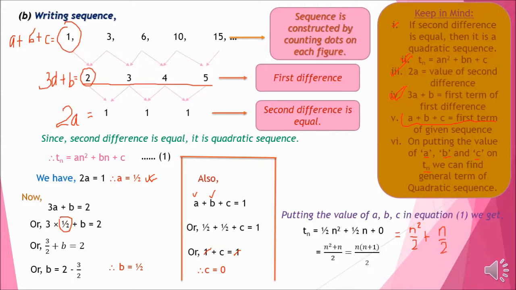Then as the denominator is 2, our LCM will be 2, and if the denominators are the same, the numerators are just added: n square plus n, and n is common, so we took the common n plus 1. So this is our general term. Tn is equal to n times n plus 1 by 2.